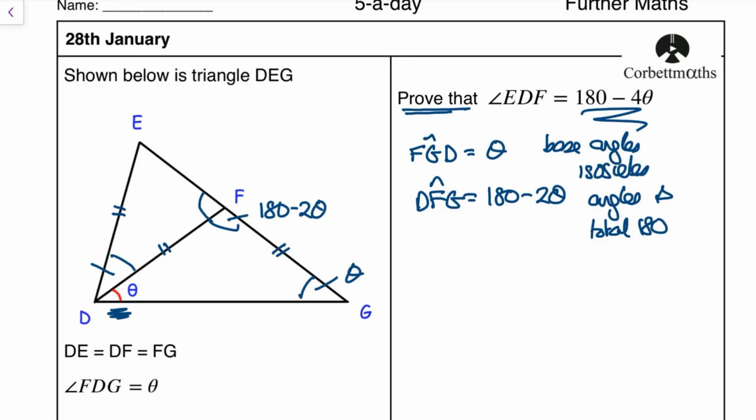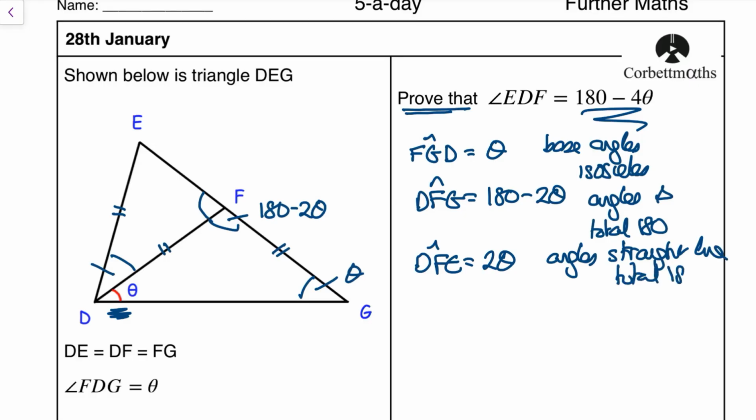Then I would say angle DFE equals 2 theta, because angles on a straight line total 180. Let's write it so you can actually read my writing. Again, it's these keywords they're looking for in an exam.